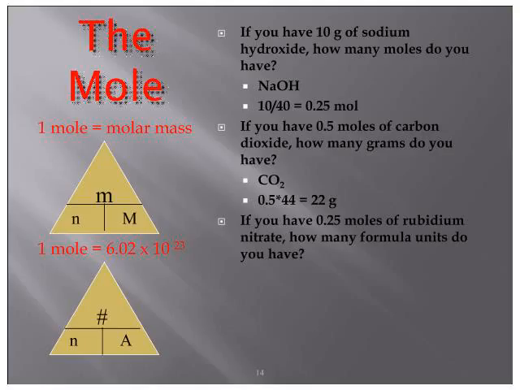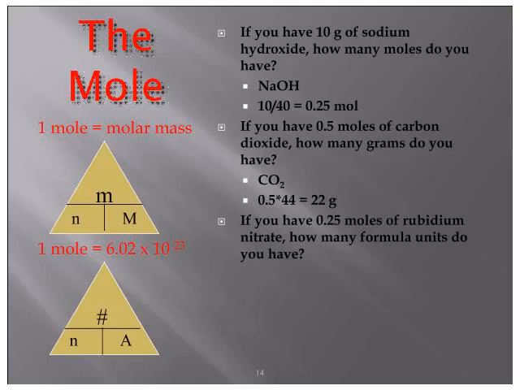Alright, so this time we have 0.25 moles of rubidium nitrate, and we want to find how many formula units do you have. So we're looking for how many formula units. So same thing, we still have to write the formula correctly. Okay.